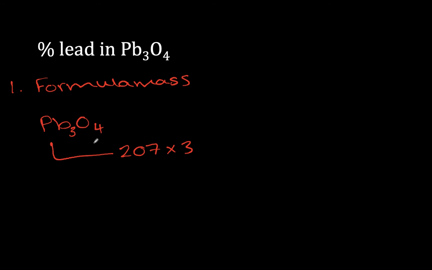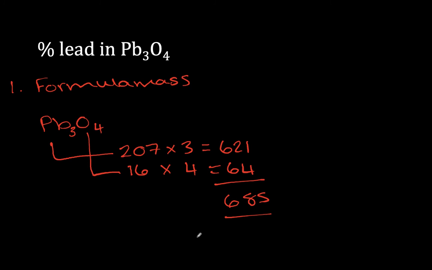If we times that by 3, we get 621. Oxygen has a mass of 16. If we times that by 4, we get 64. Add the two together, we have 685.